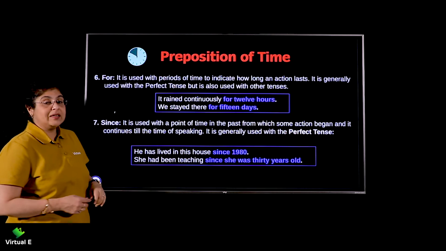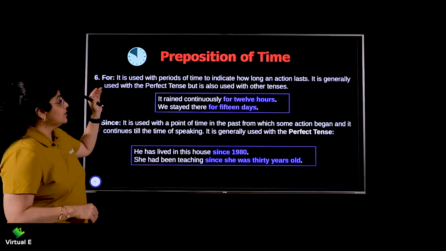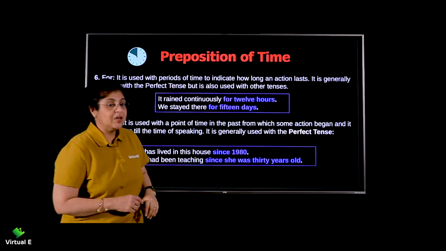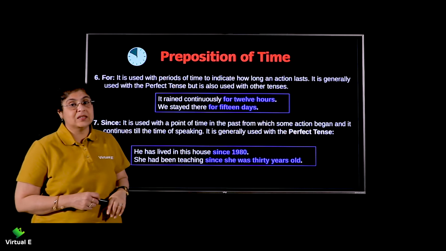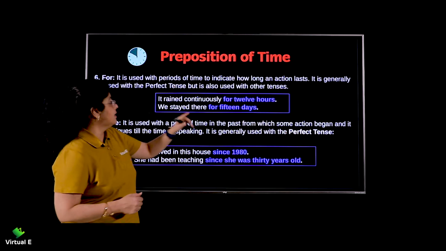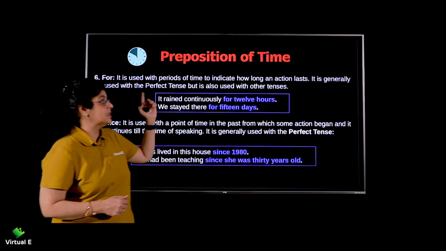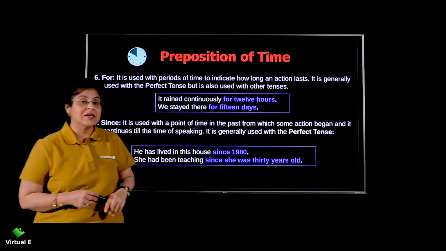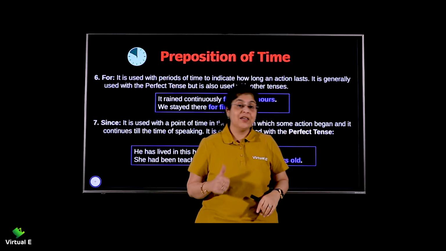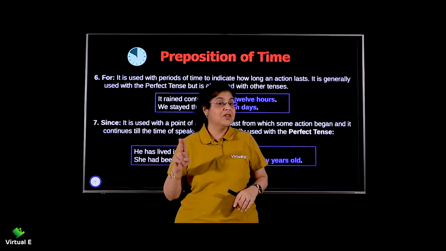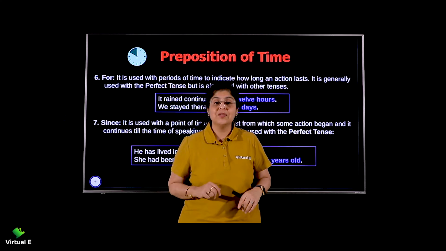Now, if I move further, for. Now this is used with periods of time to indicate how long an action lasts. For how long. It is generally used with the perfect tense, but is also used with other tenses. Yes, with the perfect tense. If you remember, how do you recognize your perfect tense? If you remember those two keywords which were taught to you in your tenses module?